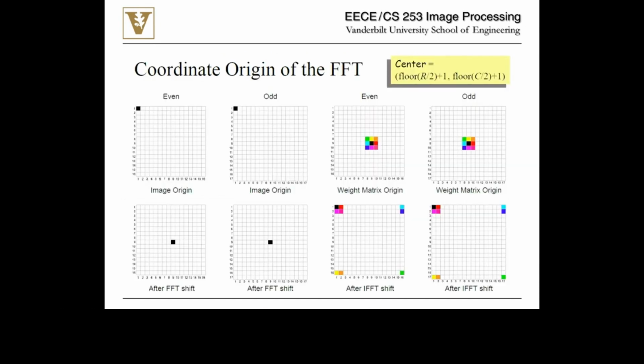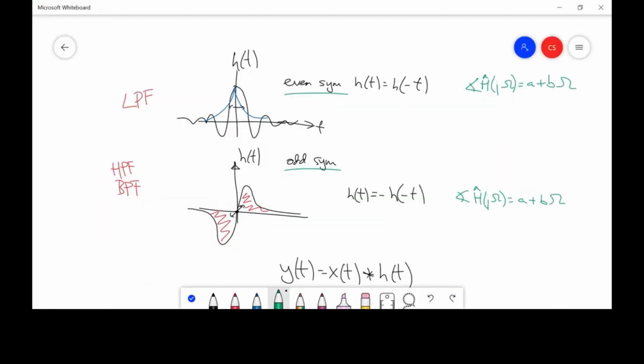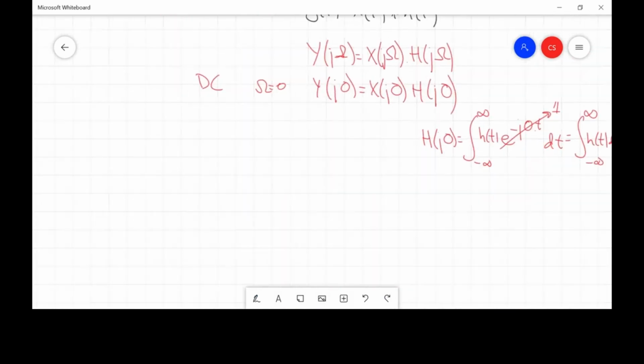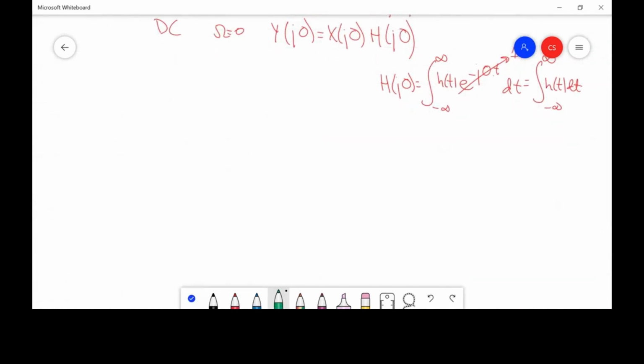This is complicated to explain that way. I think it is clearer to explain this way. So you have a signal. Let me do it in one dimension first.